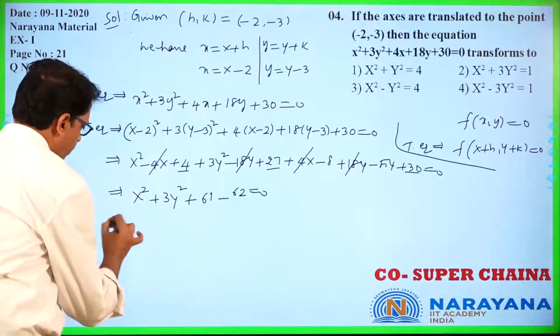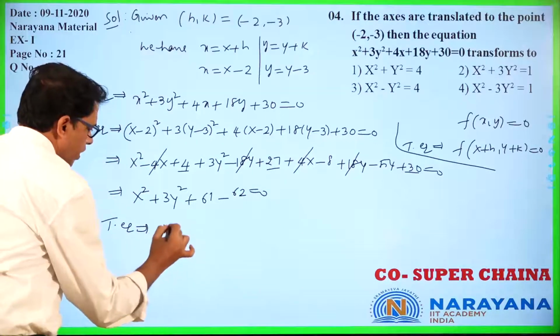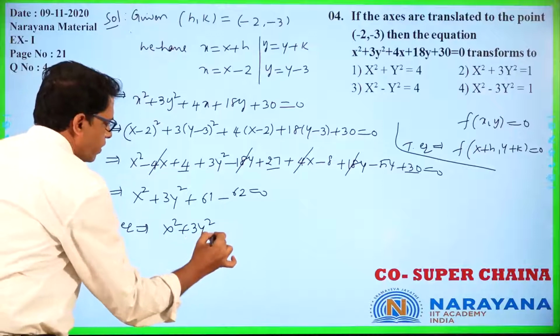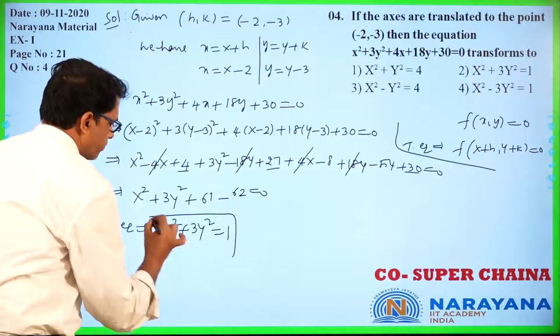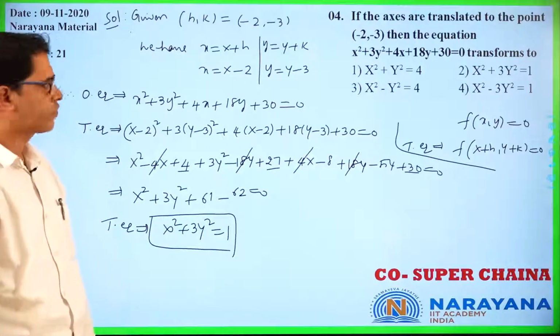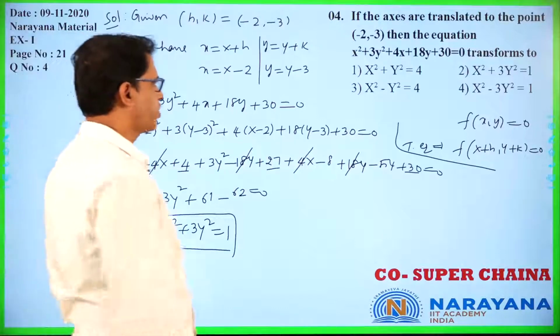Therefore the transformed equation implies x square plus 3y square equals 1, which means option 2.